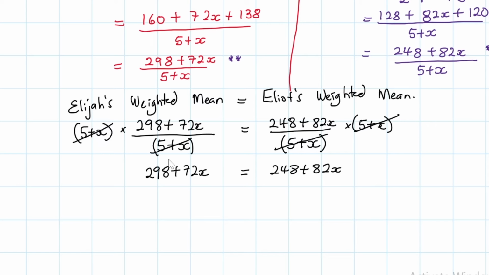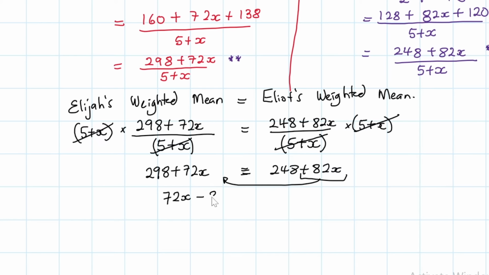Let's collect like terms. 72x stays on this side, and positive 82x, when it crosses the equal sign, becomes negative 82x.